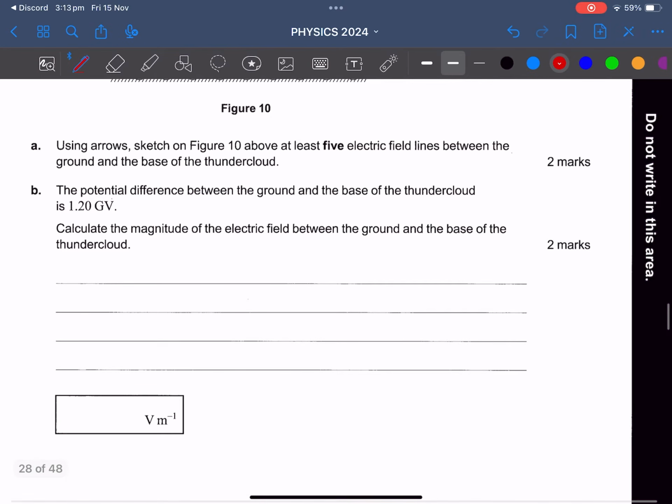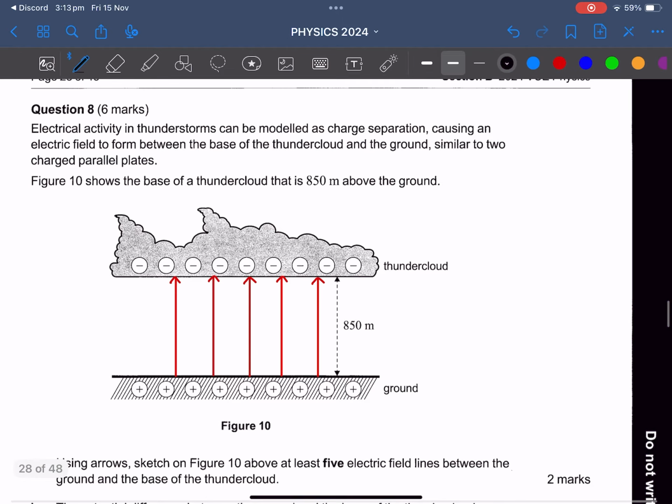The potential difference between the ground and the base of the thundercloud is 1.2 GV. Calculate the magnitude of the electric field between the ground and the base of the thundercloud. Well, we can just use E equals V on d. So we have 1.2 times, I believe that's 10 to the 9, divided by the distance, which is 850.